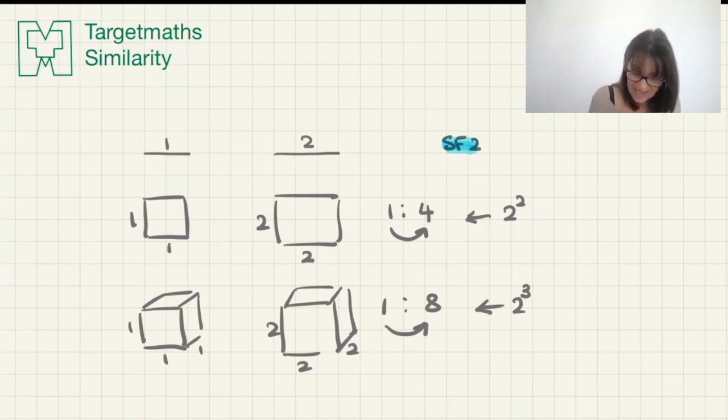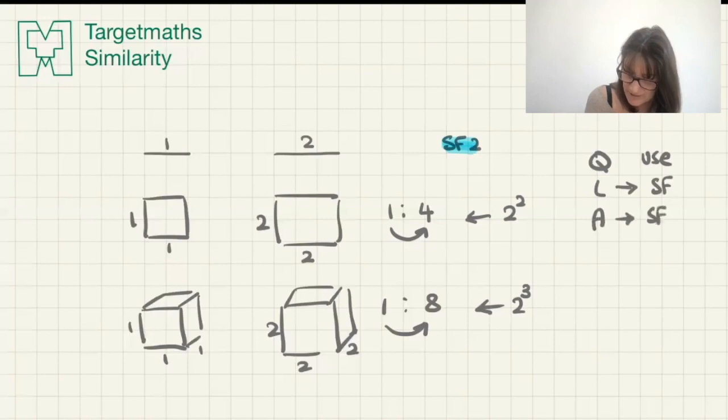So the key, if you like, for this is: if you've got a question about length, you're going to use the scale factor. If you've got a question about area, you are going to use the scale factor squared. And if you've got a question about volume, you're going to use the scale factor cubed.